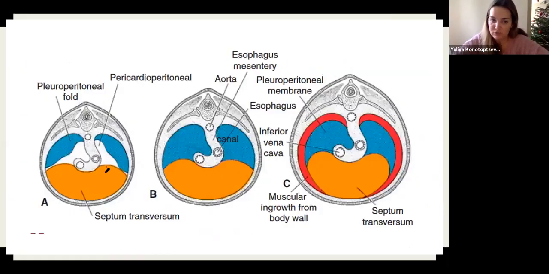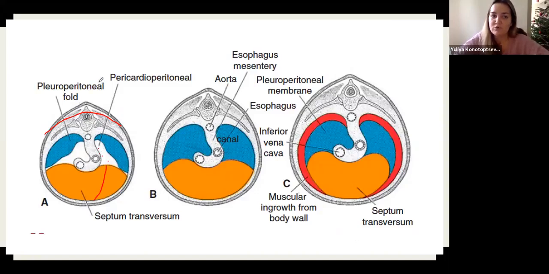So this is your septum transversum. This is your posterior body wall. And this is pericardio-peritoneal canal that we just saw previously. So this canal should be closed, because if you look at your diaphragm, it has no openings, no big gaps that are present.